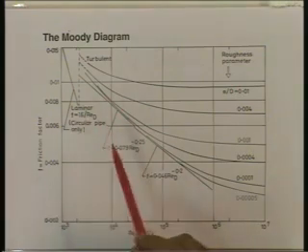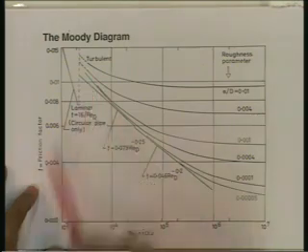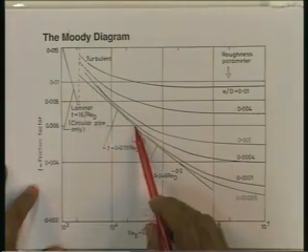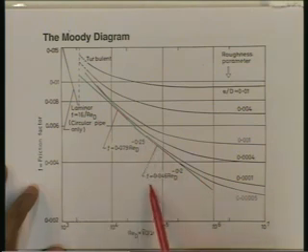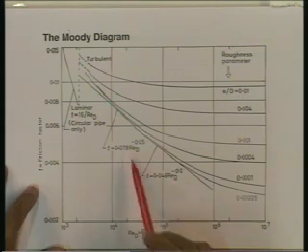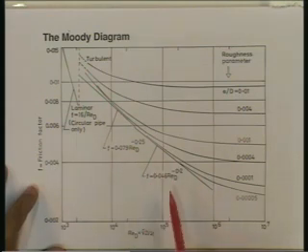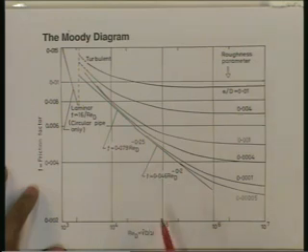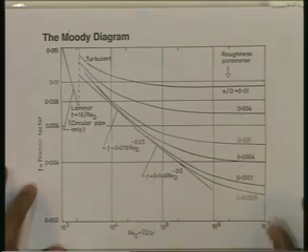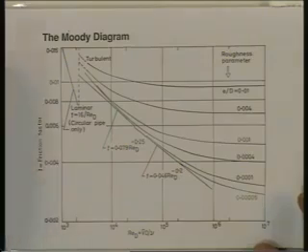Between Reynolds number of about 4,000 to approximately 30,000, we have this correlation. Beyond that, we have this correlation. Notice that these two correlations are for smooth tubes, hence the friction factor is only a function of Reynolds number. The roughness parameter does not appear in these equations.